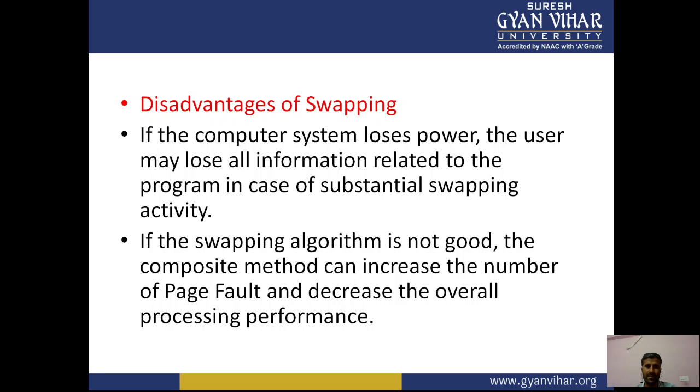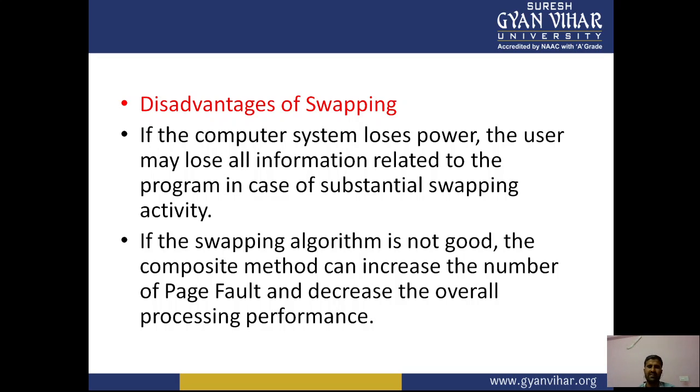Some programs may not be executed properly and problems can occur. If the swapping algorithm is not good, the swapping method can increase the number of page faults and decrease the overall processing performance.